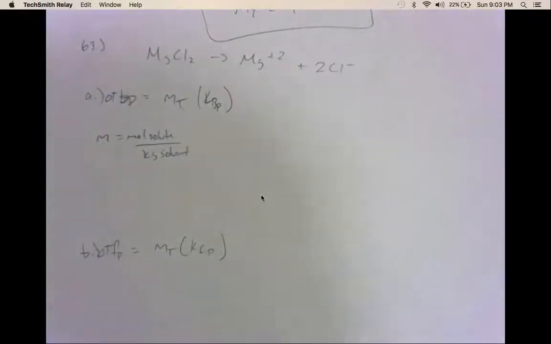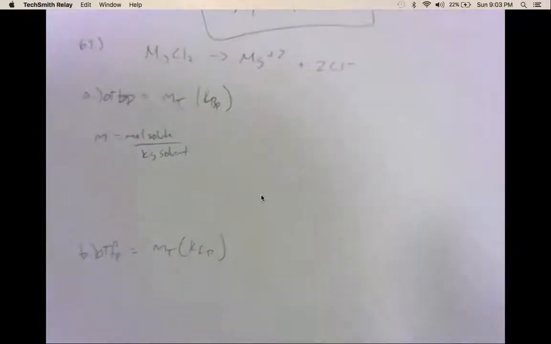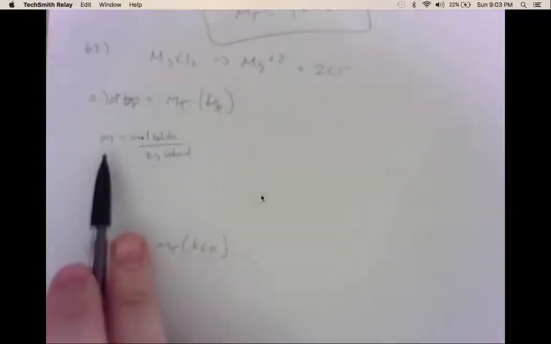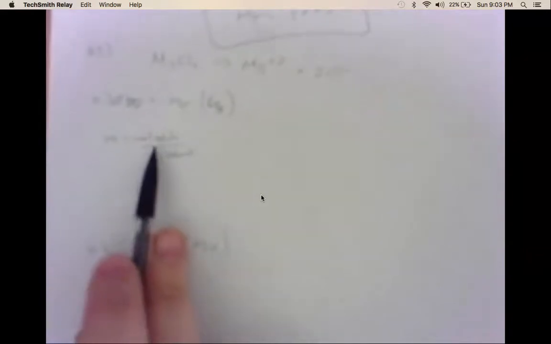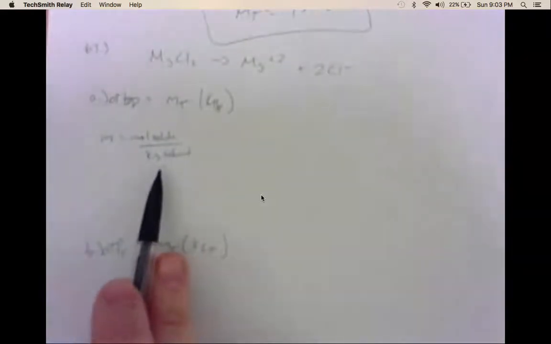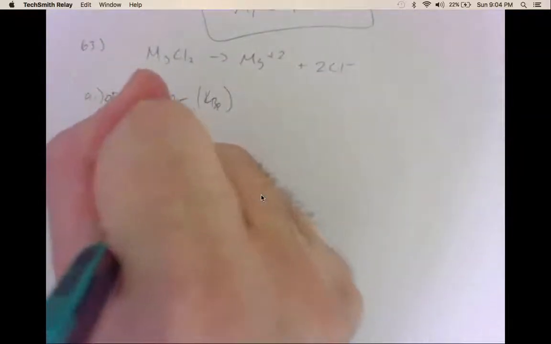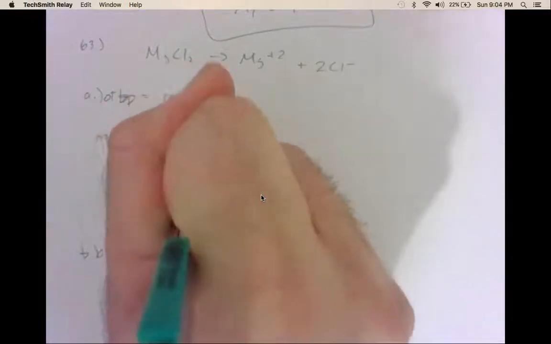Remember, those values are constant. They never change. So again, something really important to make sure you write down on your index cards. I'll give you those values once we get there. So remember, guys, the molality is equal to the moles of the solute over the kilograms of the solvent. It does not give us moles of the solute, but it tells us that we have 72.8 grams of magnesium chloride.